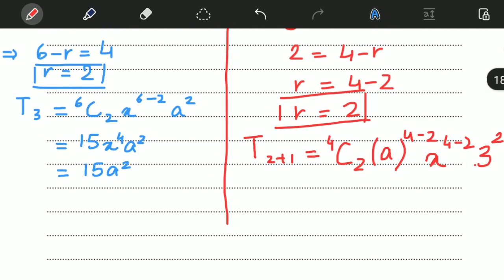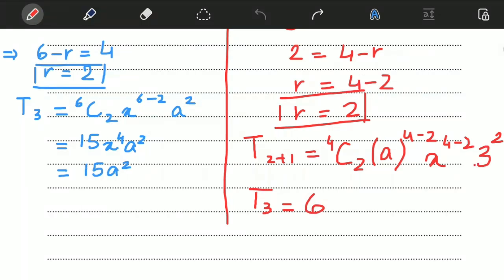Now T3 is equal to 4C2. So 4C2 is going to be 6, I guess. So this is 6 a power 2 x power 2 and 3 square is going to be 9.